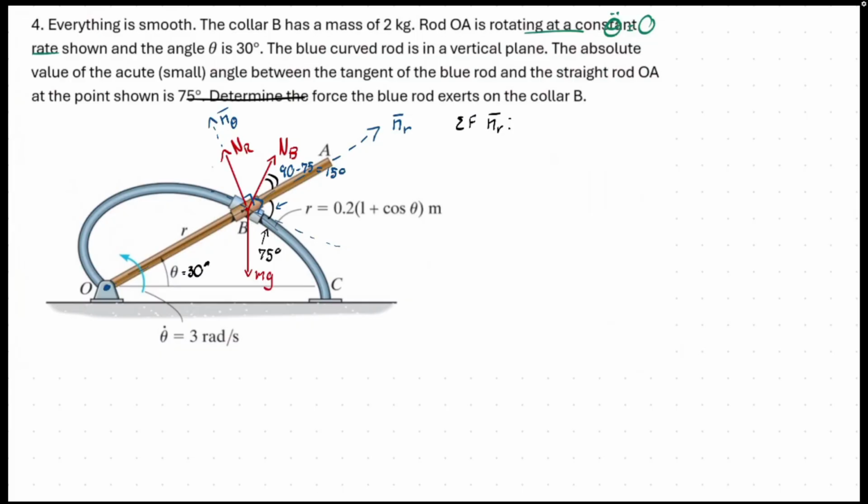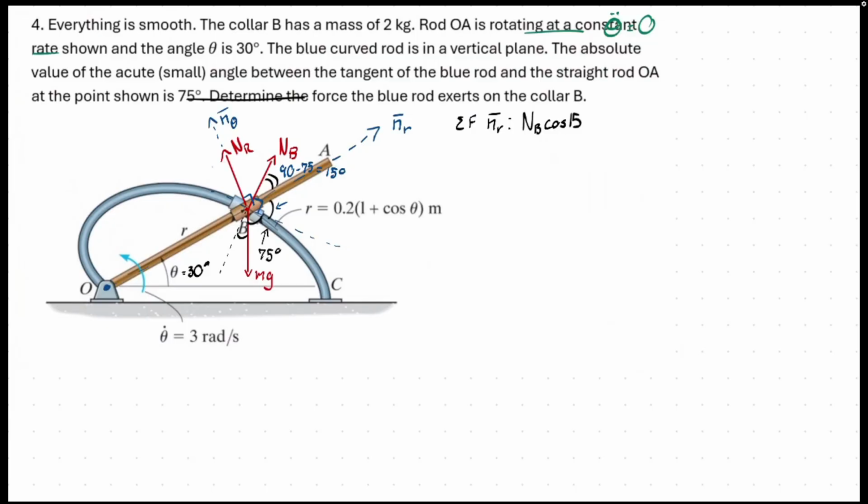So let's write that down. Our NB cosine of 15. And then what else do we have in this? We have gravity. Gravity is going to be similar.